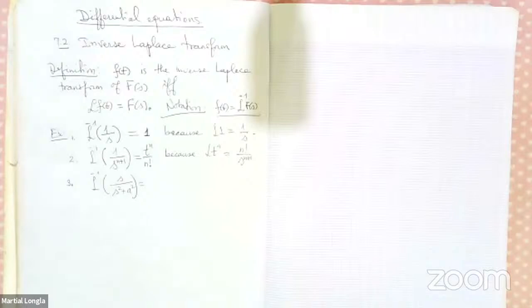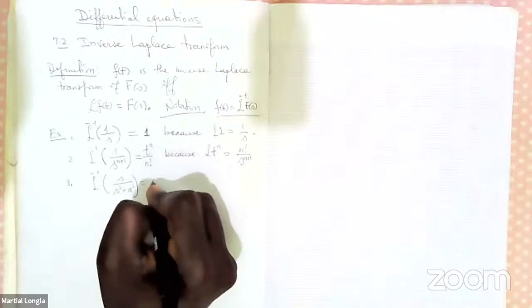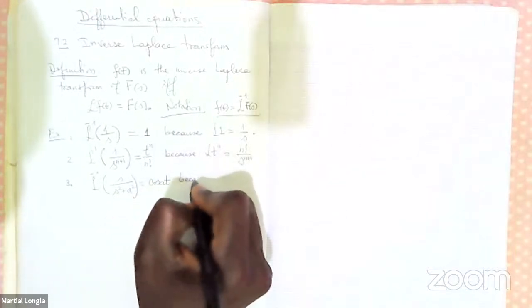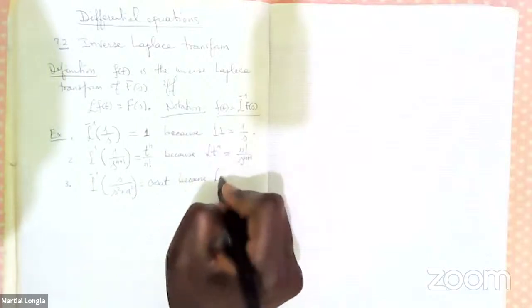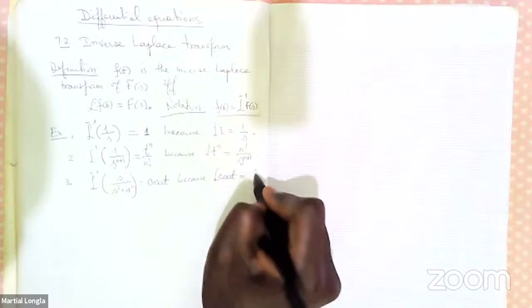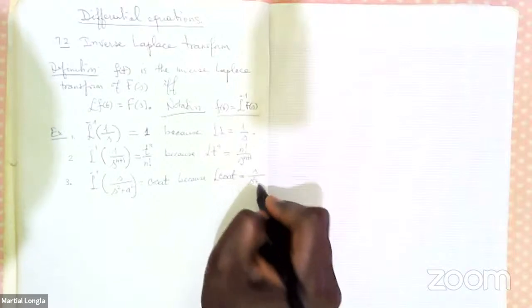What's the inverse Laplace transform of s over s squared plus a squared? Cosine of at. It's cosine of at. That is because the Laplace transform of cosine of at equals s over s squared plus a squared.